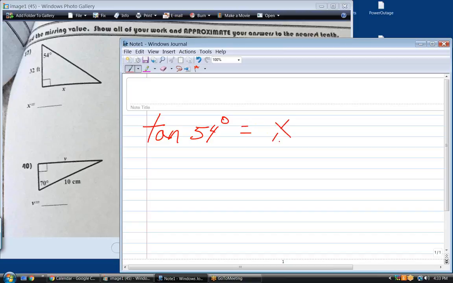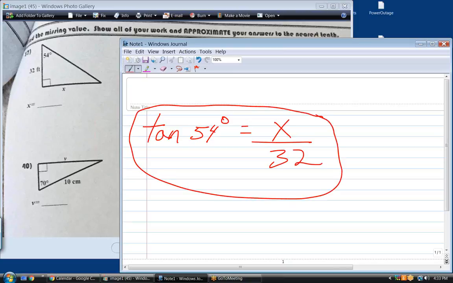No, opposite over adjacent. Okay? And it's as simple as that. In other words, once you've set up the equation, you've 90% solved it. Now, x is going to equal 32 times the tangent of 54.